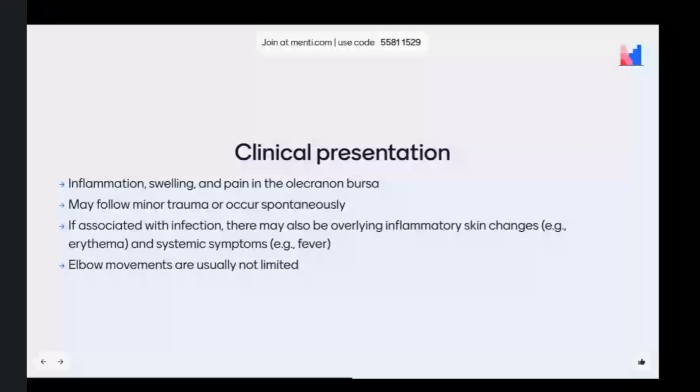If associated with infection, there may also be overlying inflammatory skin changes like erythema or systemic symptoms like fever. So make sure to search for all of these, especially fever, because it can change the way you approach it. And the elbow movements are usually not limited, as we discussed, so all the motions will be preserved.